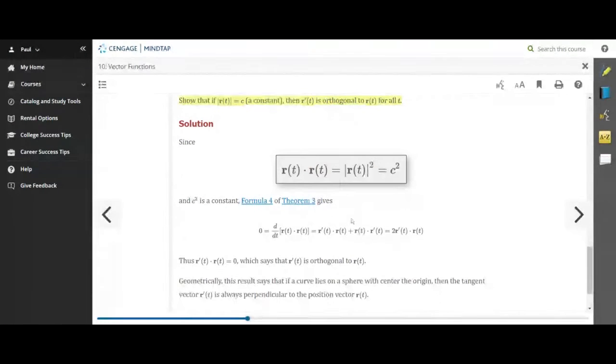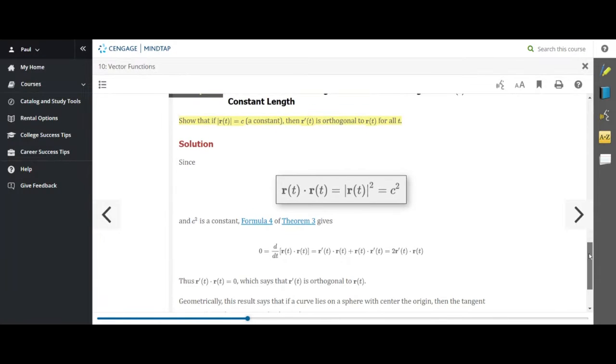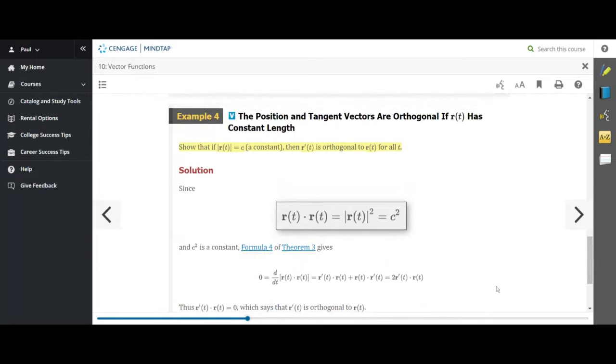And let me just show you the details. So here we are. Let's prove that if the length of the position vector is constant for all t, then r prime of t, the tangent vector, is perpendicular to the position vector.